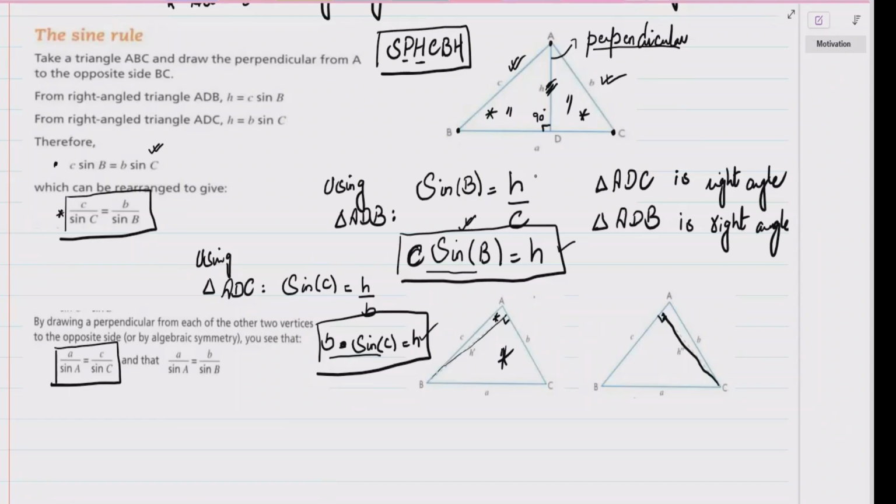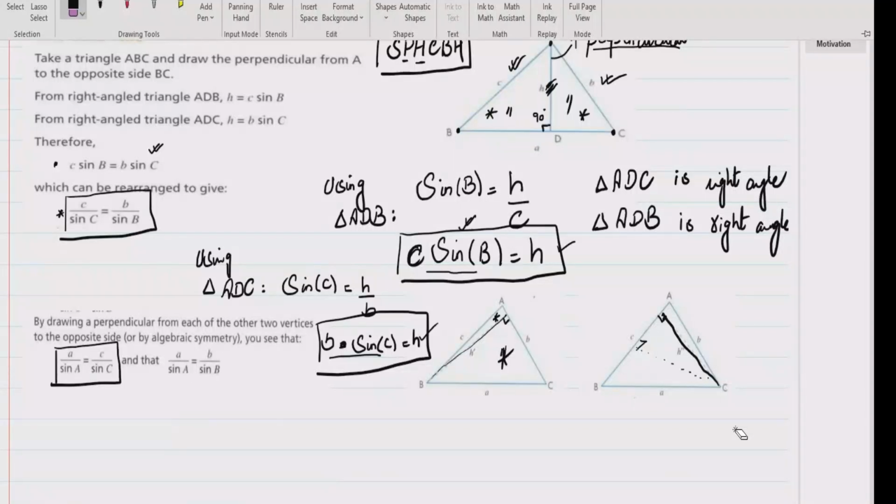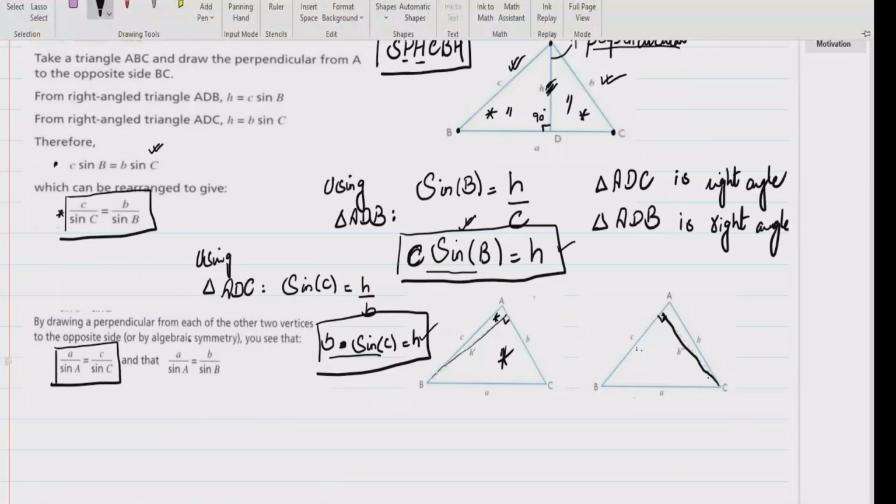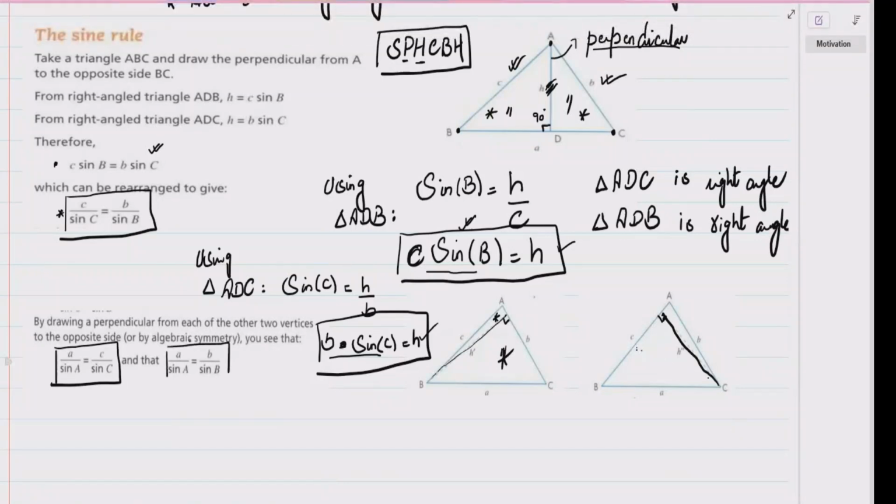We are not joining it from here, because that doesn't make 90 degrees. So we have to draw a line which makes a 90 degree angle with the opposite side. When you do the same working as in the first triangle, again you get a upon sine A equals b upon sine B.